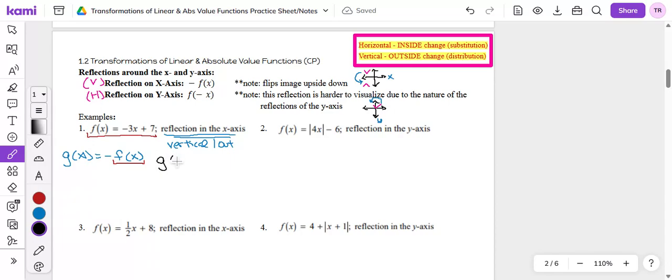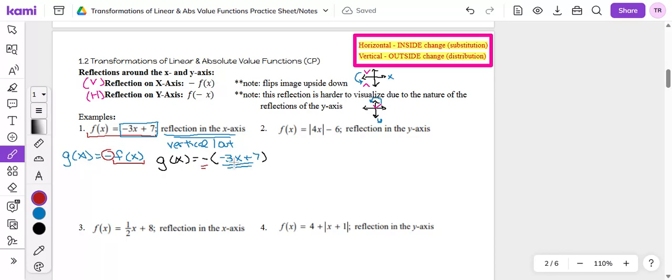So g of x equals the negative of the original function. Just like before, we are going to take the original function, negative 3x plus 7. I didn't change it. I changed nothing of the original function. I just took this entire thing and put it inside parentheses because I had to make a negative be on the outside of it.